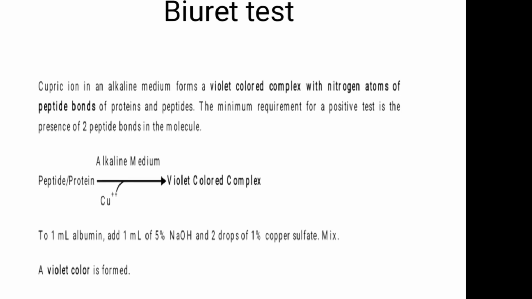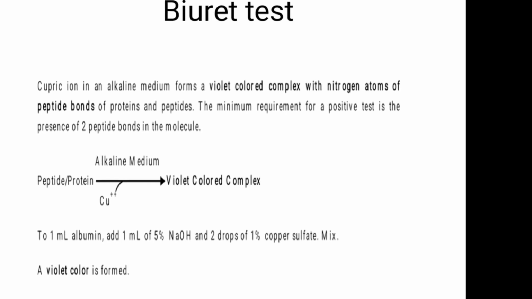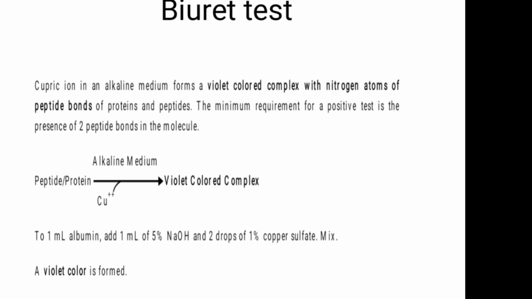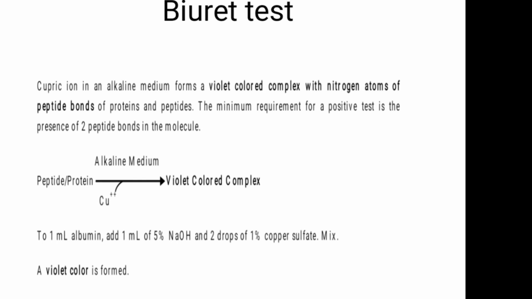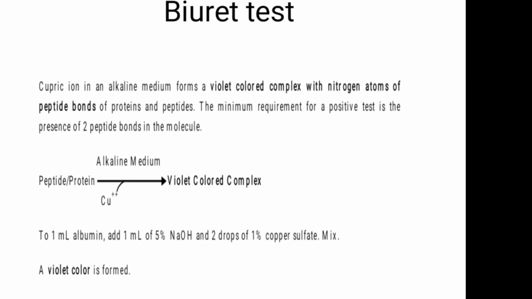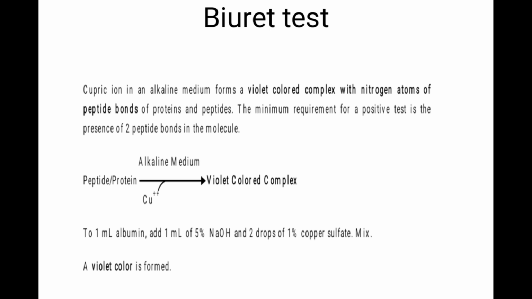Cupric ion in alkaline medium forms a violet colored complex. The biuret reagent is blue in color. Cupric ion in alkaline medium forms a violet colored complex with the nitrogen atoms of peptide bonds of proteins and peptides. So the reaction is between the nitrogen atoms of the peptide bonds and the cupric ions.